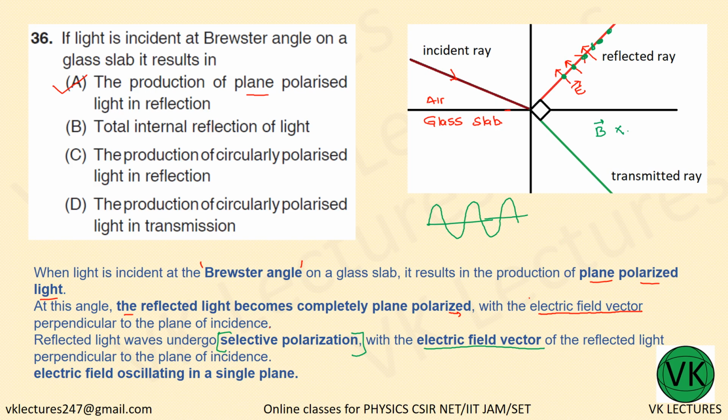Otherwise it is moving like this, it has a phase change, like a revolving kind of thing. But in the case of polarized light, it will be in the plane. You can catch it in a plane. So 36, option A.